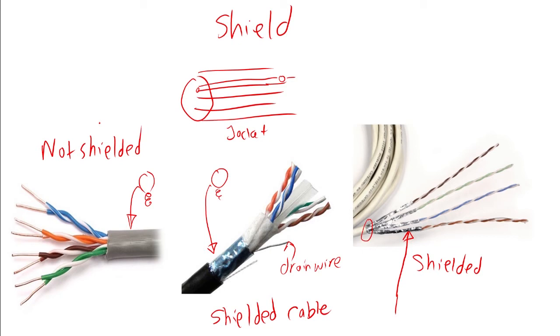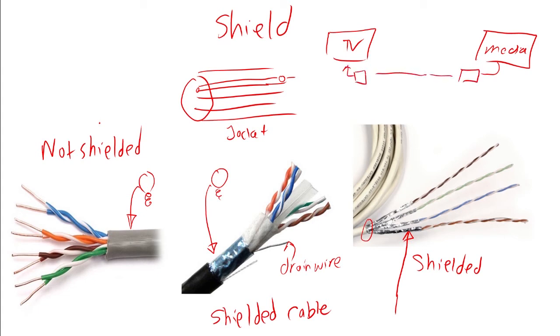For example, if I'm doing HDMI over Cat6, let's say I have a TV and a media player and I want to send my data over an extender. These media players are much more susceptible to noise than your standard Ethernet. So this part's HDMI in, this is HDMI out, this is Cat6. So I might put a shielded Cat6.